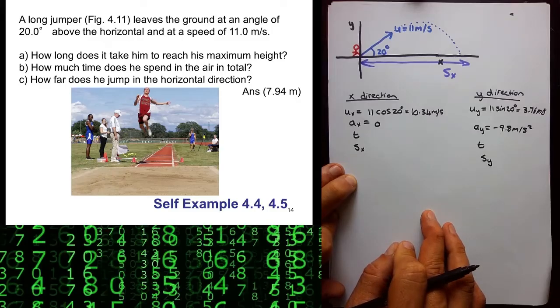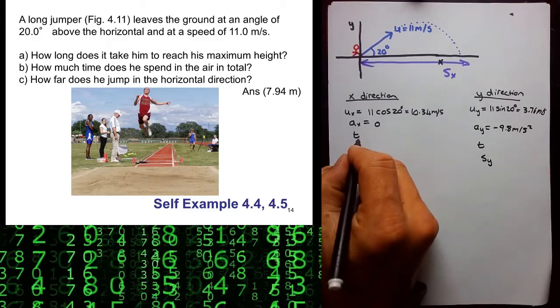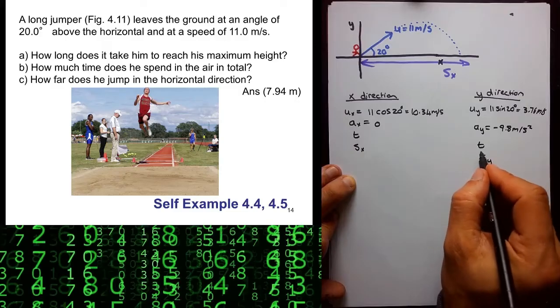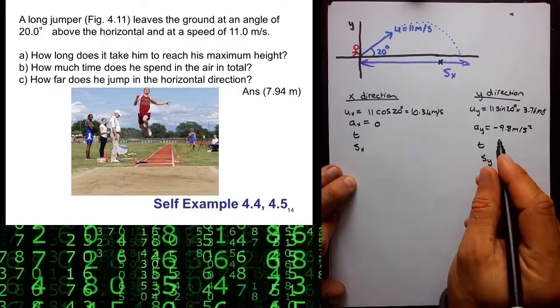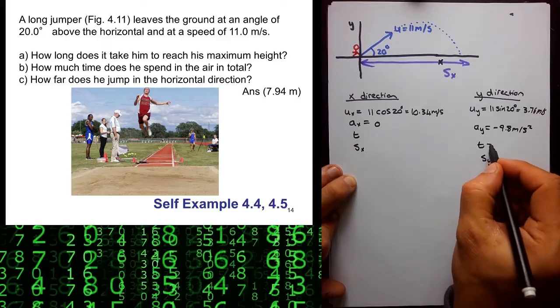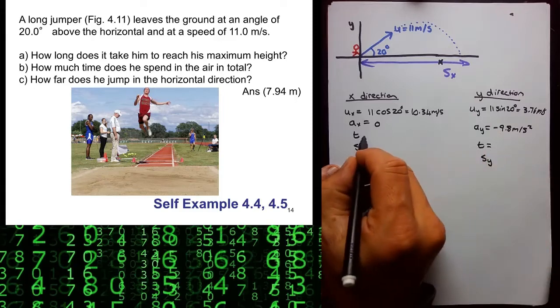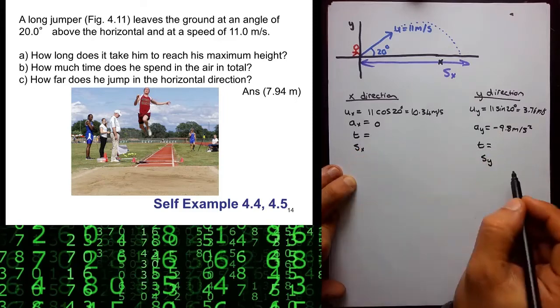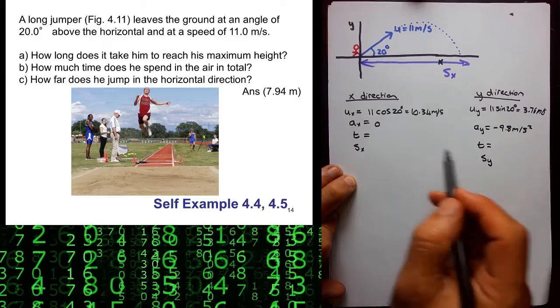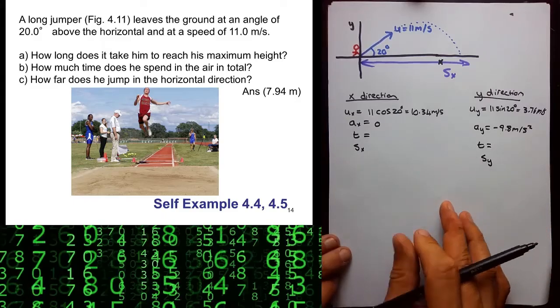The next quantity that we would like to know about is time. Well, we're not given any information about time in the question. We certainly know that these two will share the same time. So the values of time will be the same between the two equations.